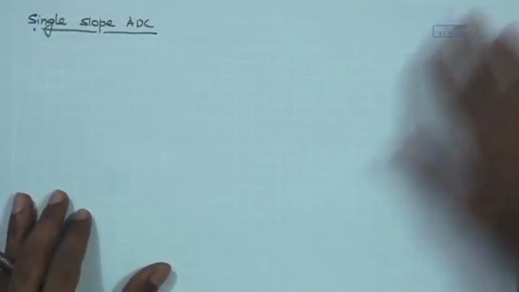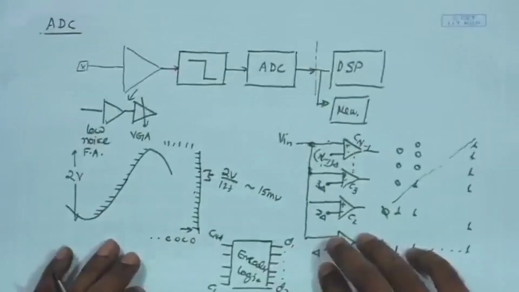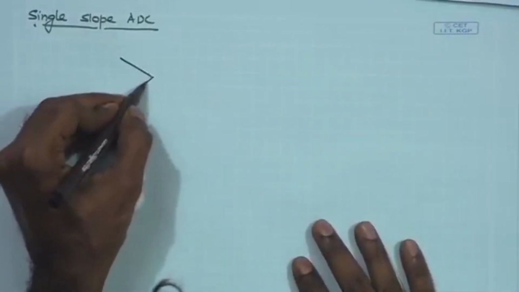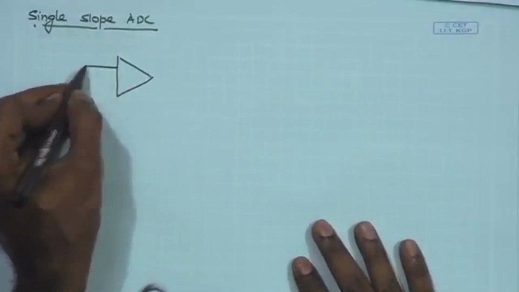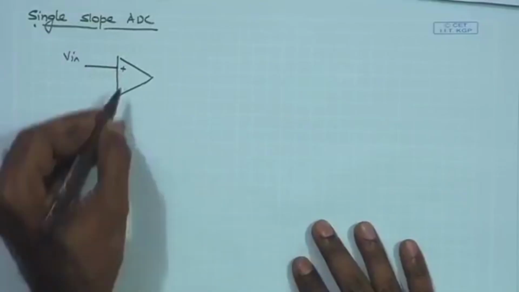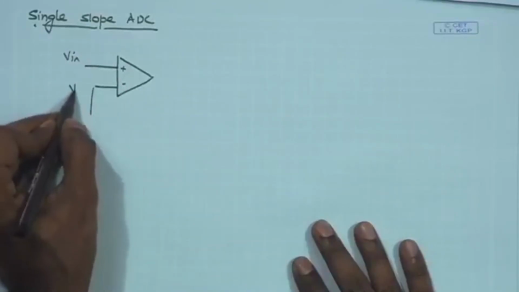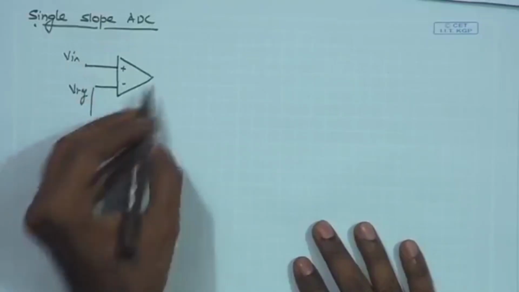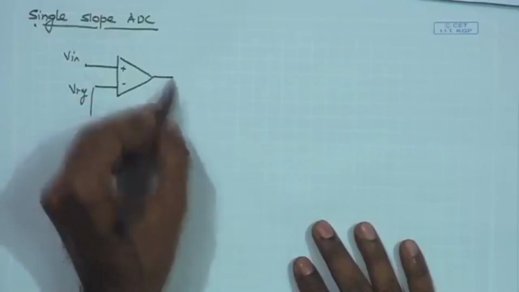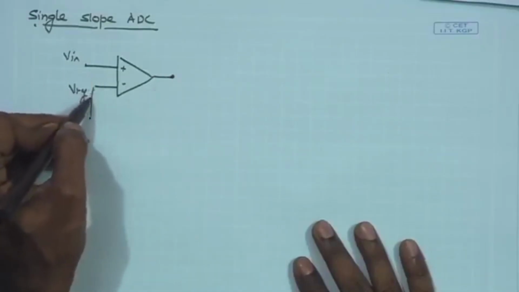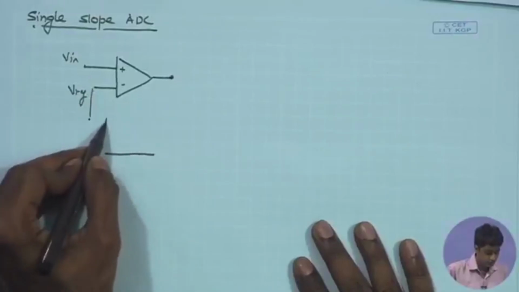So the overall scheme for such an ADC can be represented at block level. You have first of all the input signal coming at, say, the positive terminal of the comparator, and you have the Vref which is increasing linearly, and you have the comparator output which is supposed to detect the crossing point when the Vref approaches or crosses Vin.